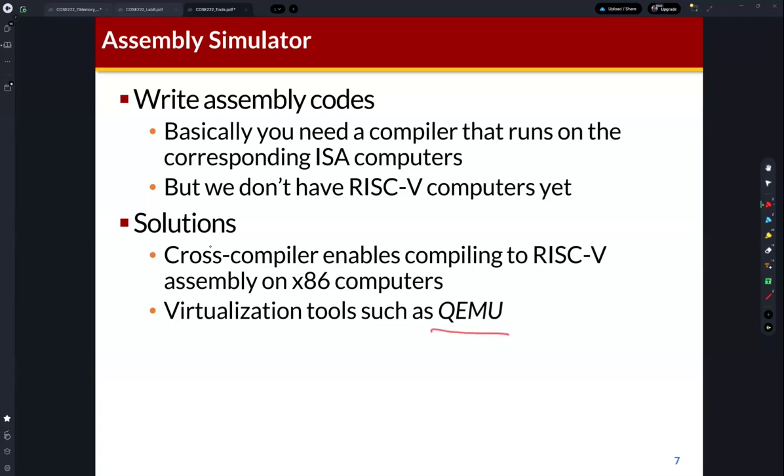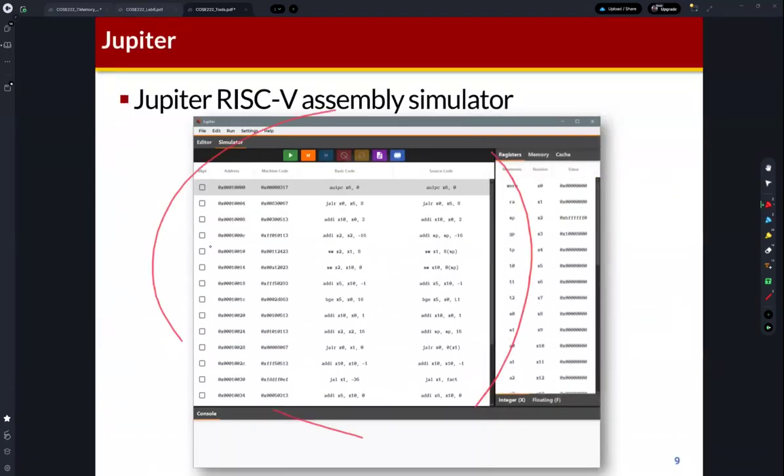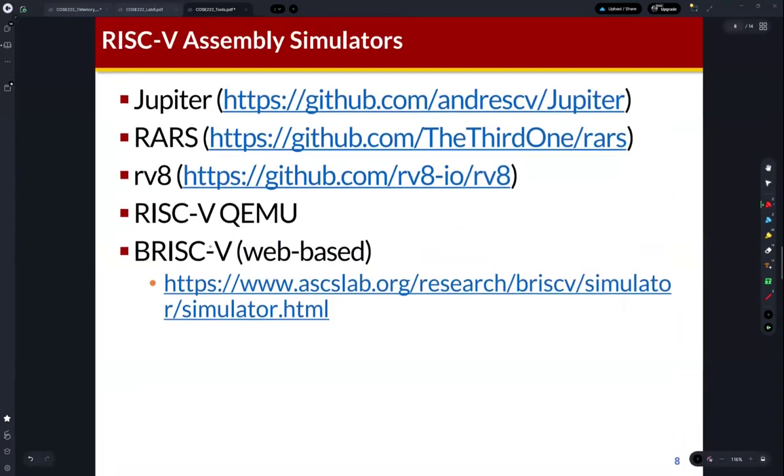So even though we don't have the RISC-V hardware, we can run RISC-V binary code using these assembly simulators. Also, we can check content in the register file and main memory using this simulator. If you are interested, you can visit the homepage for these simulators and run them, okay.